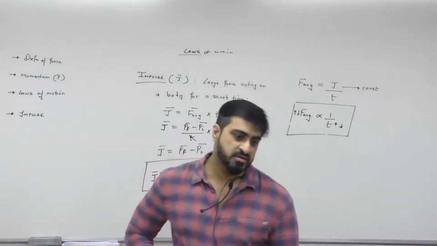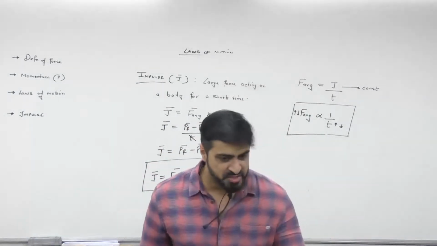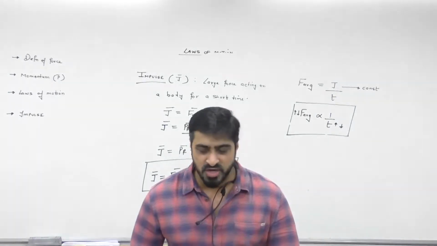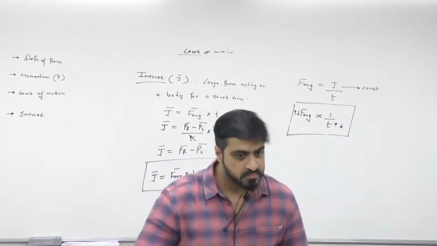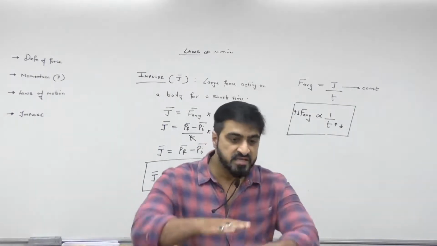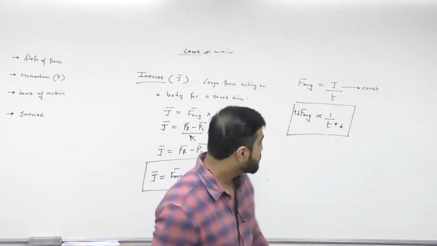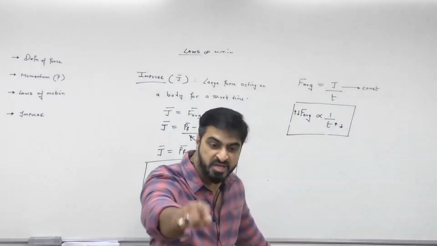Another example. You jump from a high-rise building on a cemented floor. Can I say the time of contact with the cemented floor is very small? When the time is very small, the force will be very high, which can cause maximum damage.